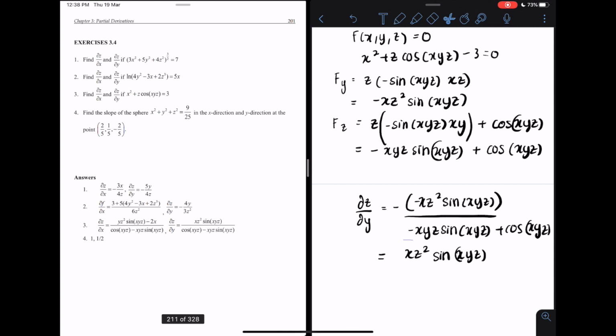So let me cut this one. No need for me to rewrite everything all over again. Here. Okay. So the answer is similar. Method 1 and method 2 will give you similar answer.